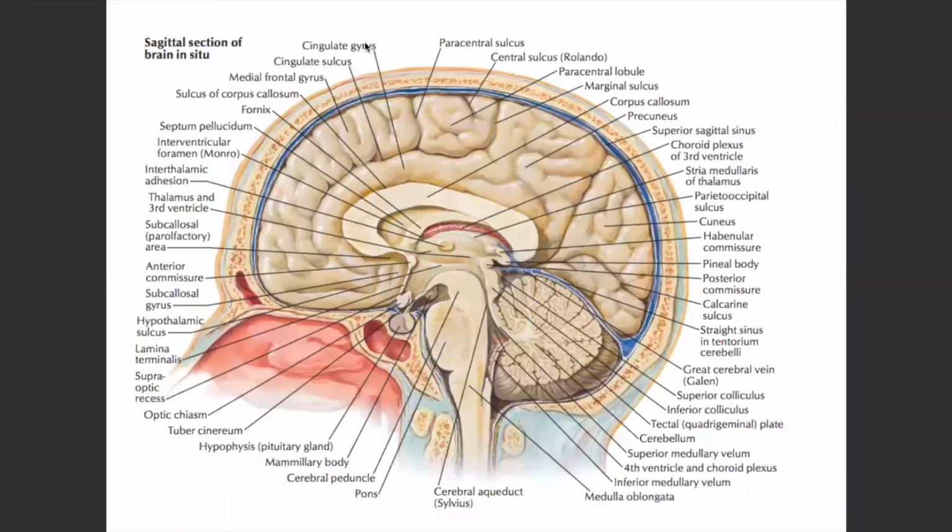In this diagram, the only thing I'm trying to show you is, if this is half of the brain, here would be the location of the falx cerebri.